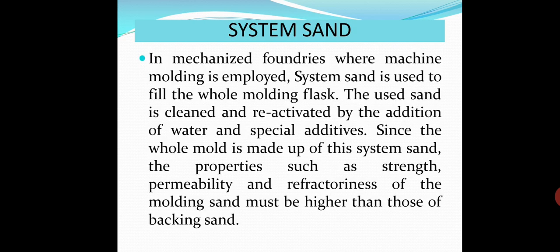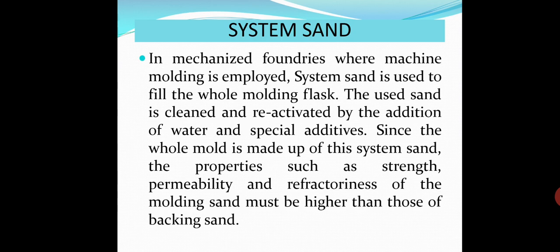Next and last is system sand. In sand molding, we don't use system sand. We use backing sand, facing sand and parting sand at particular areas. Depending on the type of casting, whether it is large, small or medium size, and considering the accuracy, we use green sand, dry sand and loam sand.